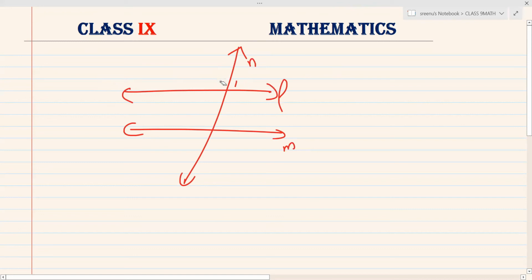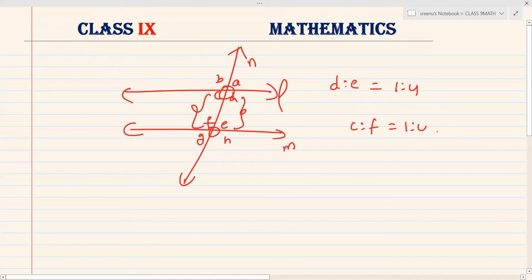A, B, C, D, E, F, G, H. Two interior angles on the same side of a transversal intersecting two parallel lines are in the ratio 1:4. So either you can take D and E or C and F. D is to E is 1 is to 4, or C is to F is 1 is to 4. Then the difference of the angles divided by the smaller angle.